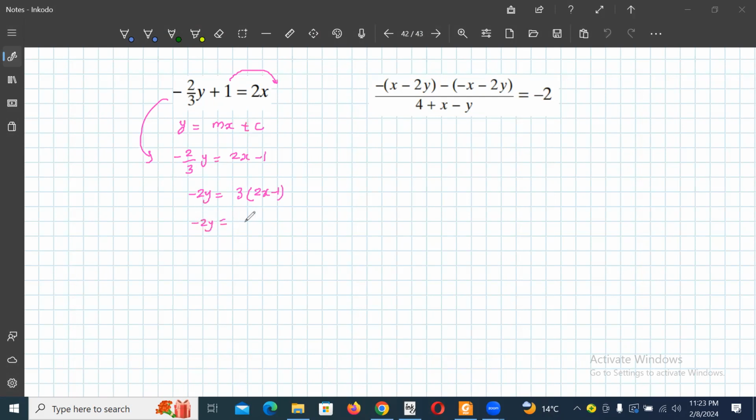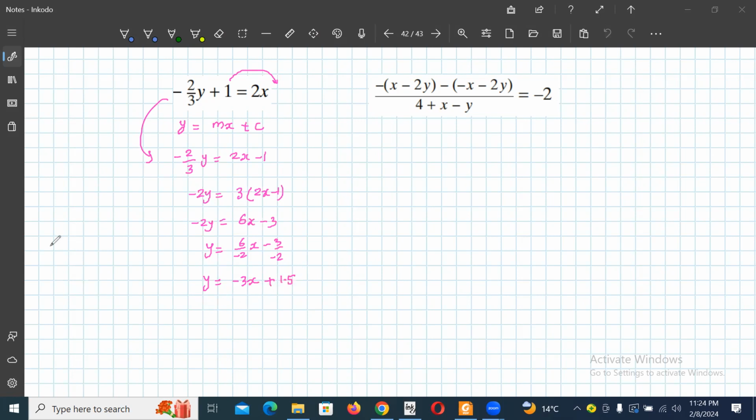First step, multiply 3 inside, so that would be 6x minus 3, and then y is equal to 6 over minus 2 x minus 3 over minus 2. I divided separately; you can check in parts as well or in the LCM way. So this gives me minus 3x, and minus minus plus 3 over 2, that means 1.5.